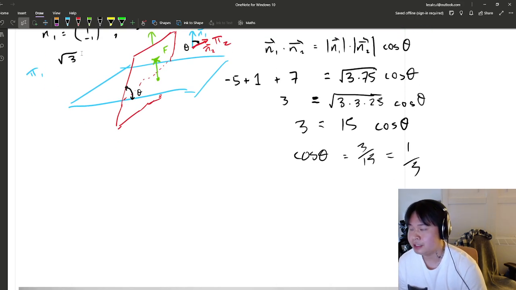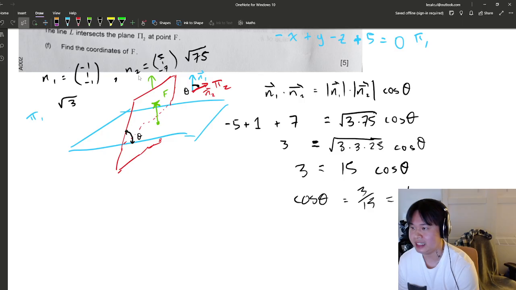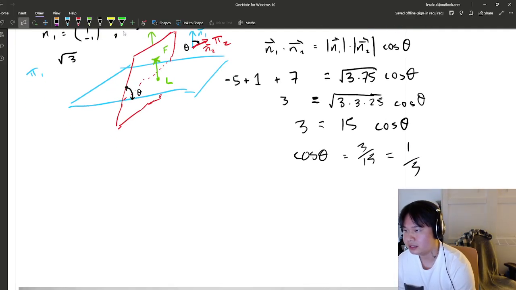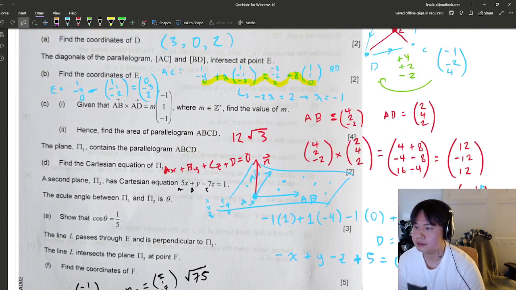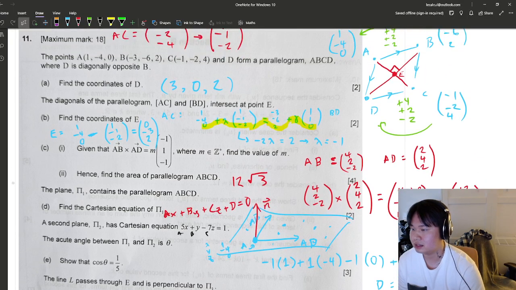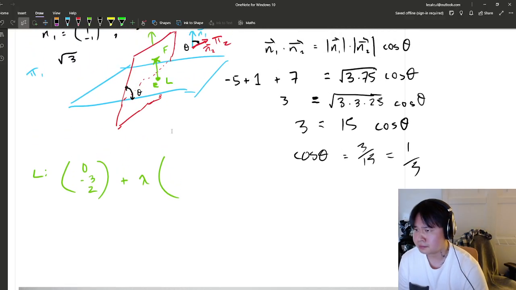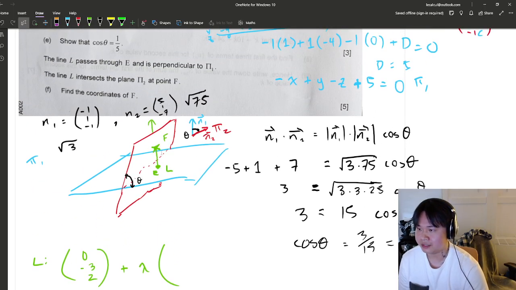Okay, so first we need an equation for this line L. Vector equation, sure. And this is point E. So L has a coordinate of E, which is 0, negative 3, 2, plus lambda times the direction vector.